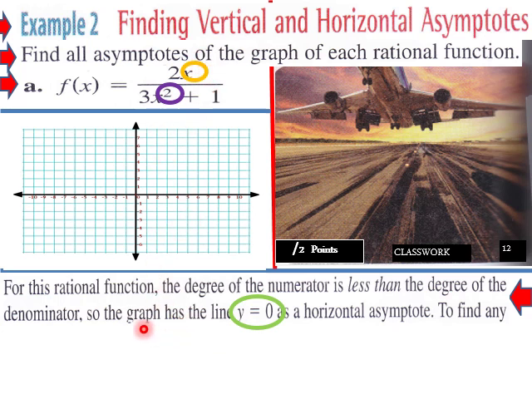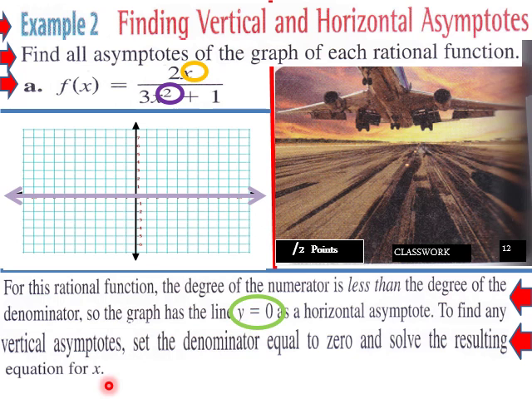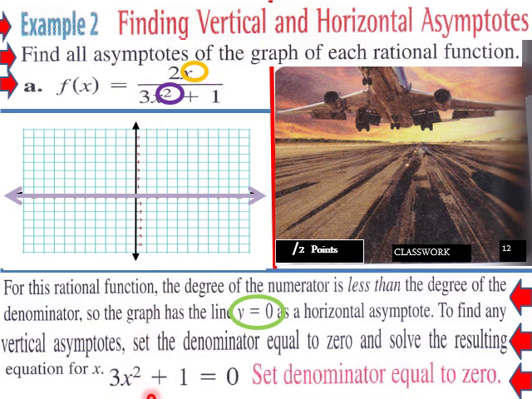So the graph has y equals 0 as a horizontal asymptote. To find any vertical asymptotes, set the denominator equal to 0 and solve the resulting equation for x. So 3x squared plus 1 equals 0.